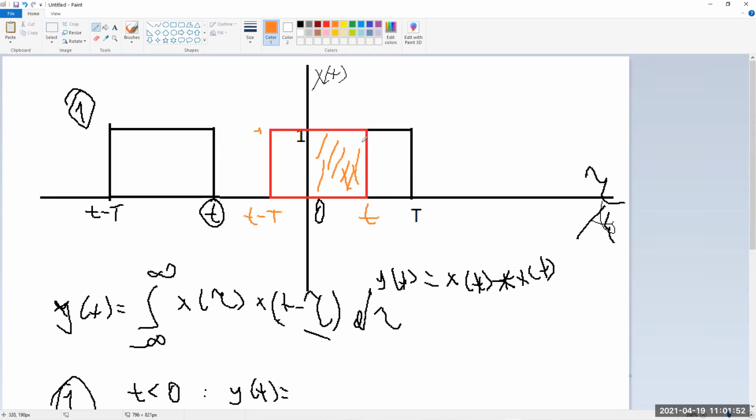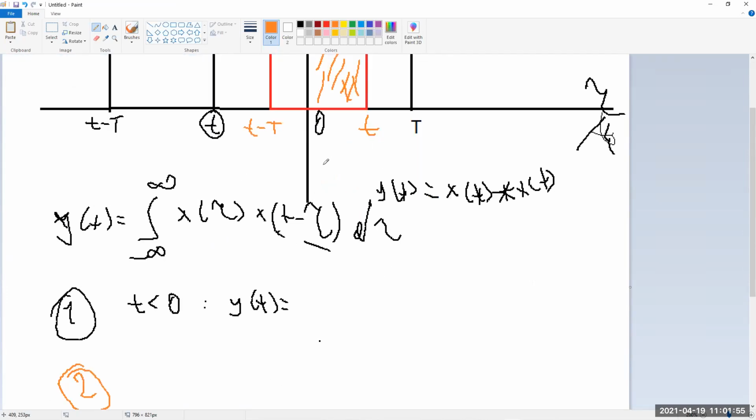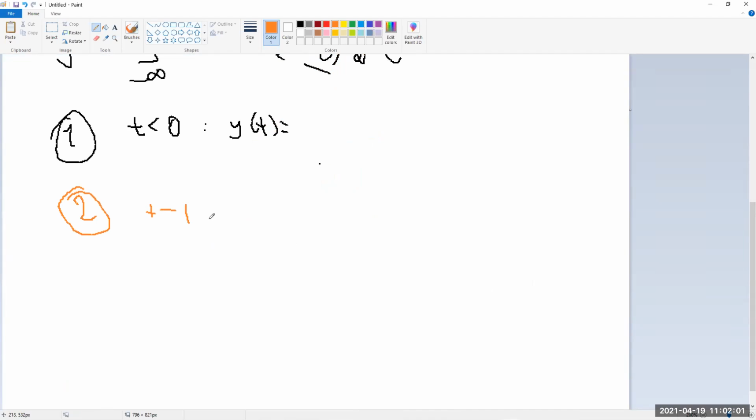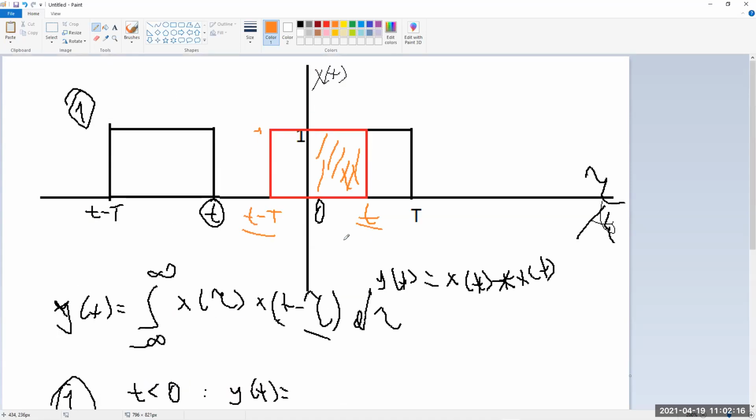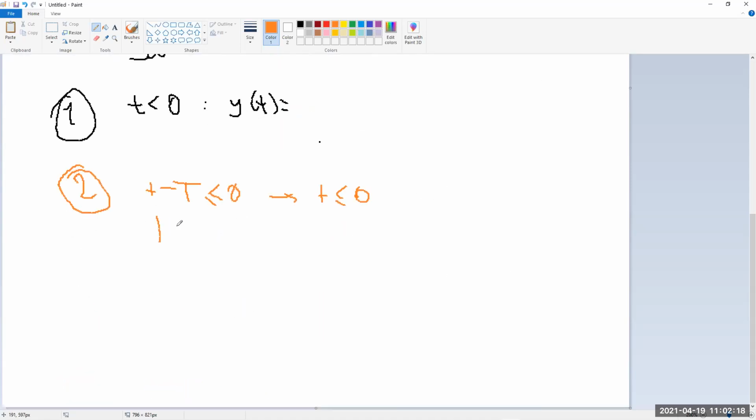But let me first find the boundaries. t minus big T is less than or equal to 0, and t is greater than 0.